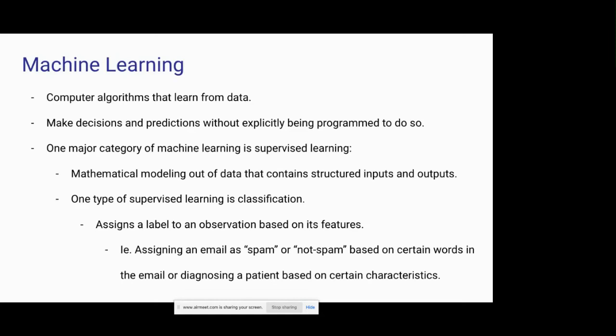One type of supervised learning is classification. And this involves assigning a label to an observation based on its features. For example, we can assign an email as spam or not spam based on certain words in the email.